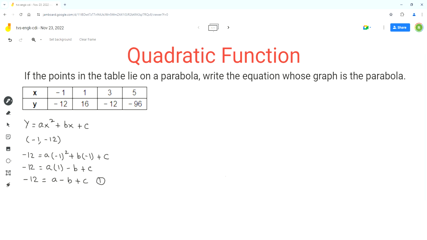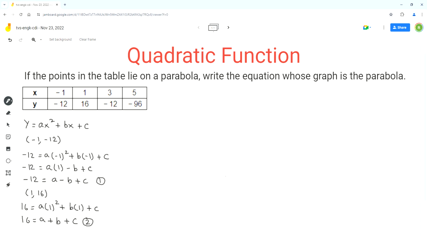Now we can use the second given point. We should sub in x as 1 and y as 16. So this is the second equation we get for a, b, and c.